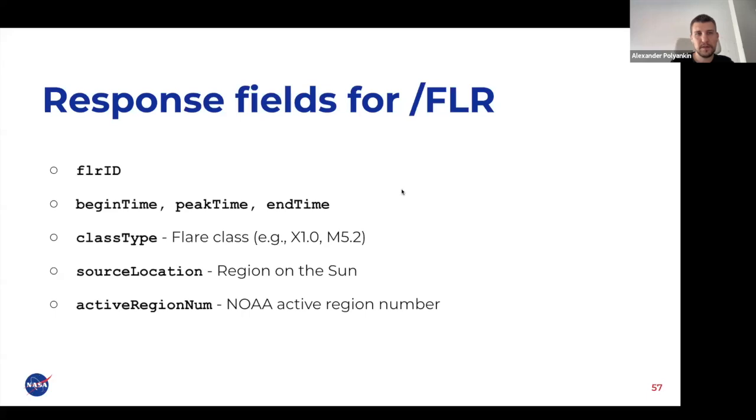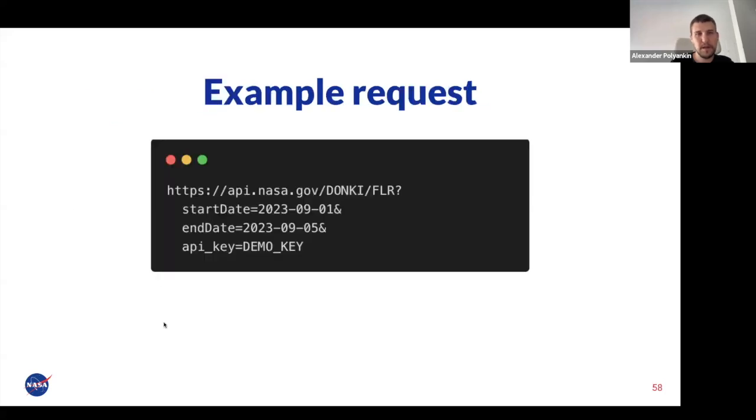So for instance, if you want to get information about solar flares, you would get some ID, information about time, like when it started, when it ended, the class type of this flare, the location on the sun, and the region number. The API itself is a basic REST, so nothing complicated here.